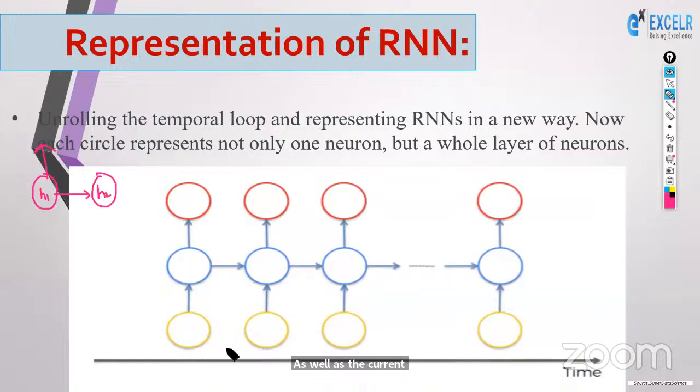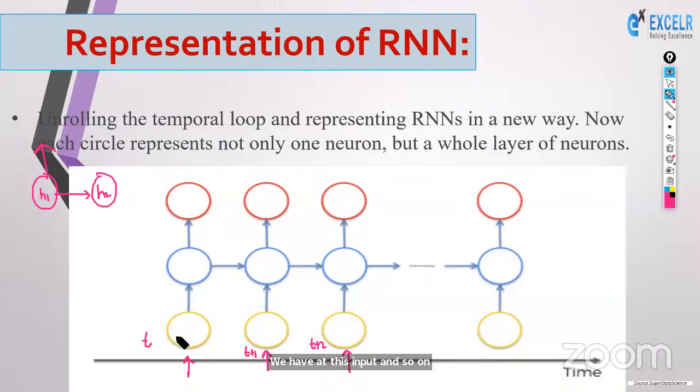So if you see here, let's say this is at the time t. At the time t, we have this particular input. At the time t plus 1, we have this input. At the time t plus 2, let's say we have this input, and so on.